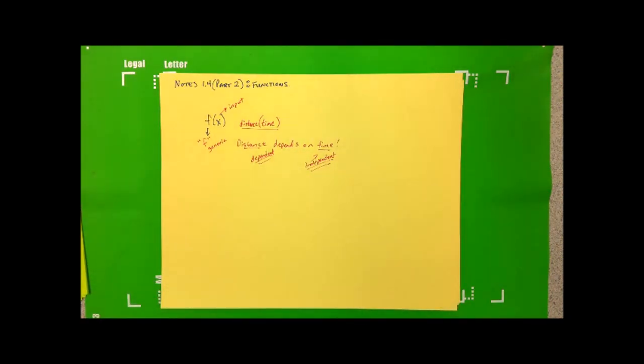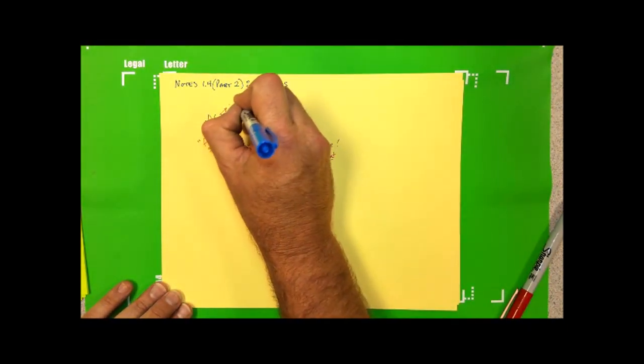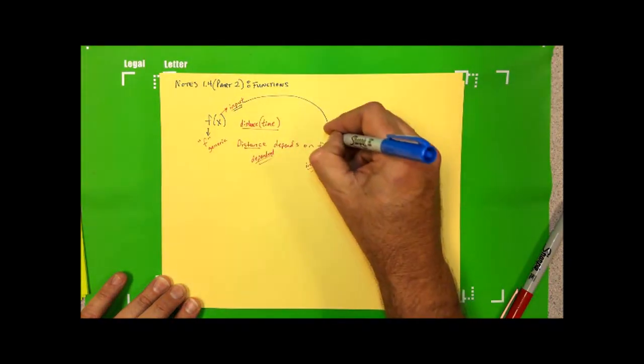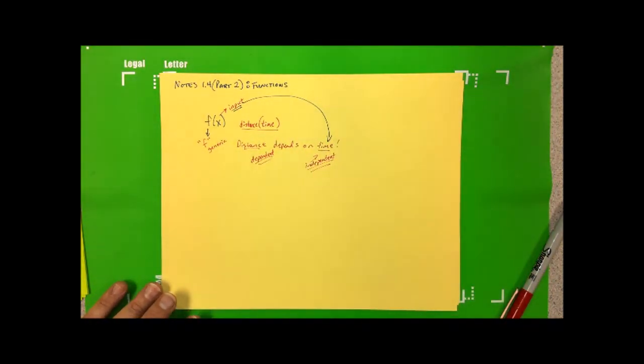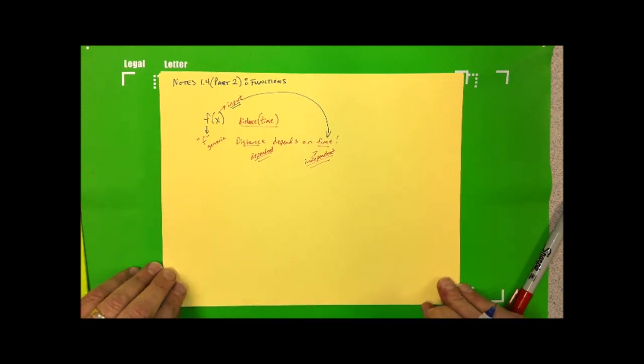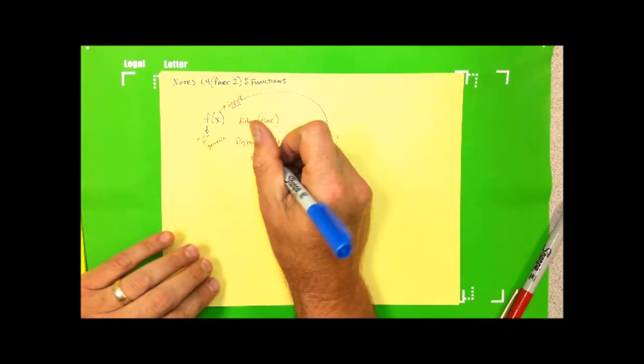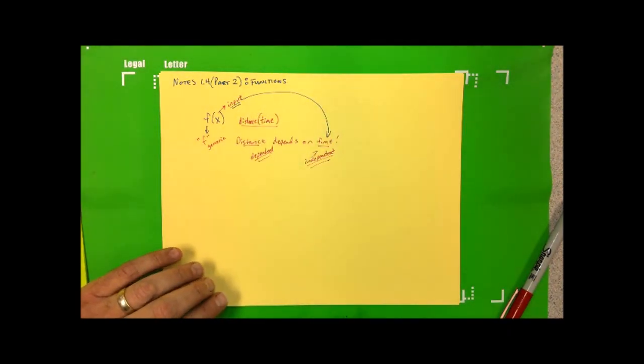So when we're talking about the independent versus the dependent variable, the independent variable is always the input. The input is always independent. The output, being distance, is going to be the dependent variable.